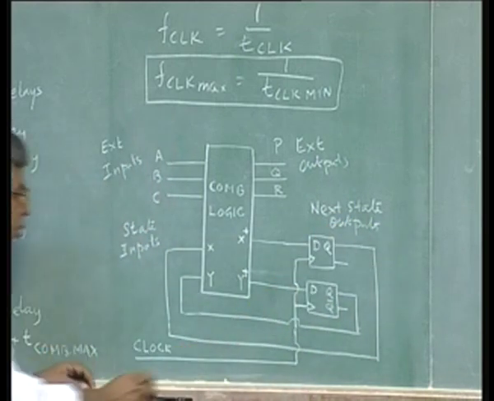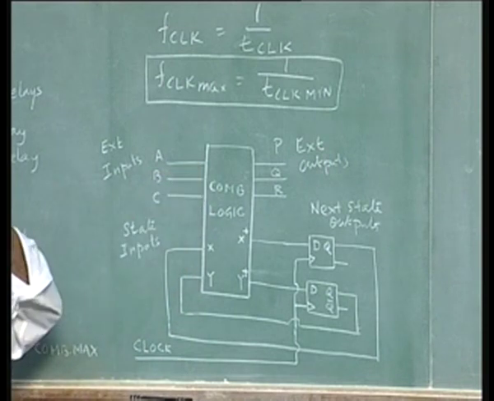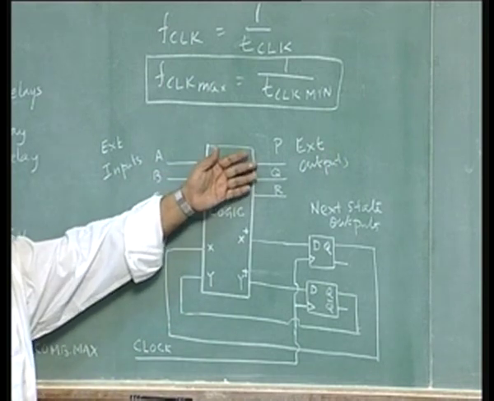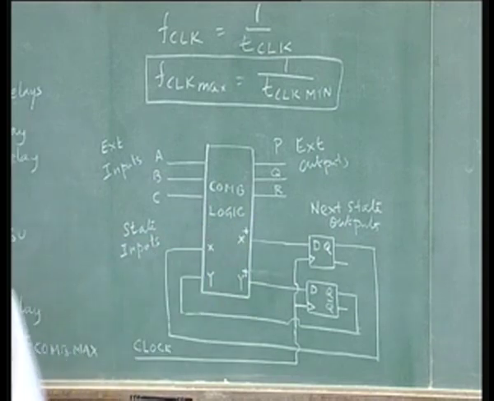That means typically you give the present state inputs and the present external inputs, you get the present external outputs and the next state outputs, and the flip flops are used here.